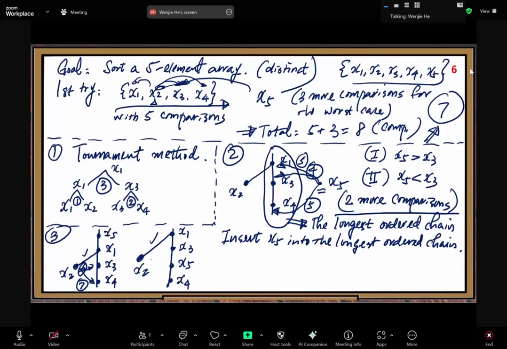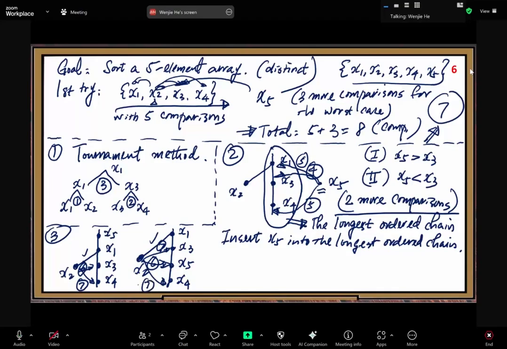But for this other case, there are 3 elements we need to compare x2 with, and we can apply the binary search way. For comparison number 6, if x2 is greater than x5, 1 more, number 7. If less than, the 7th comparison should be here.